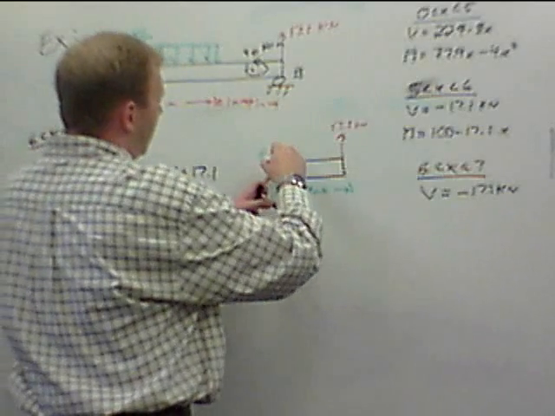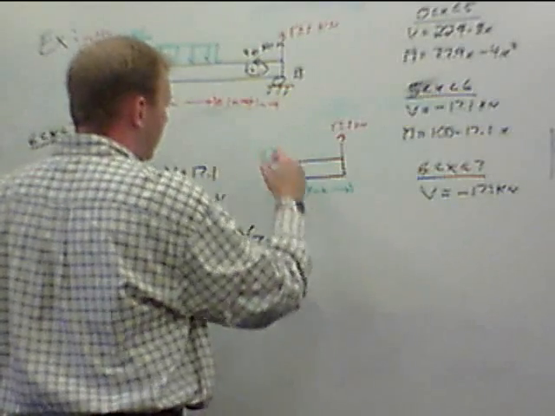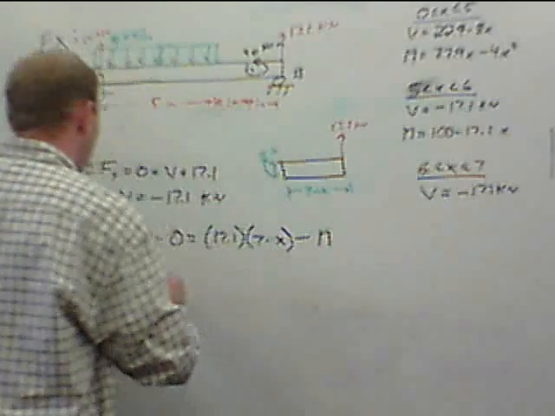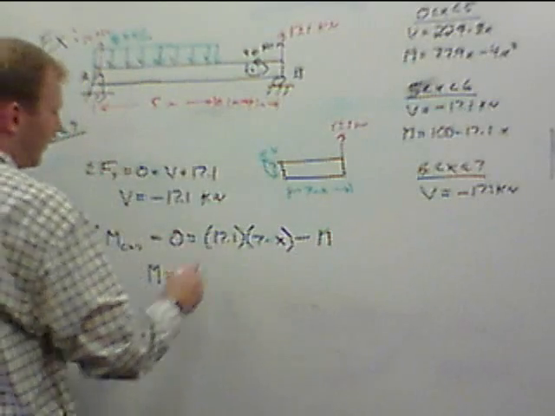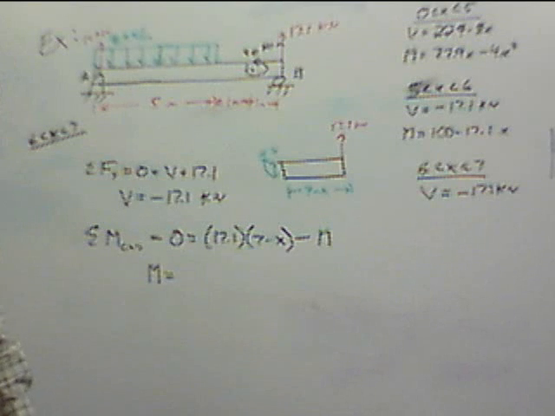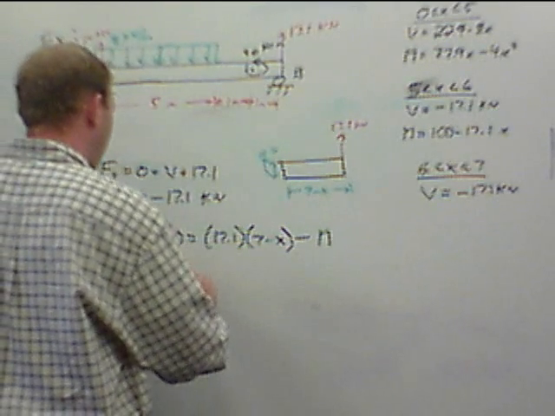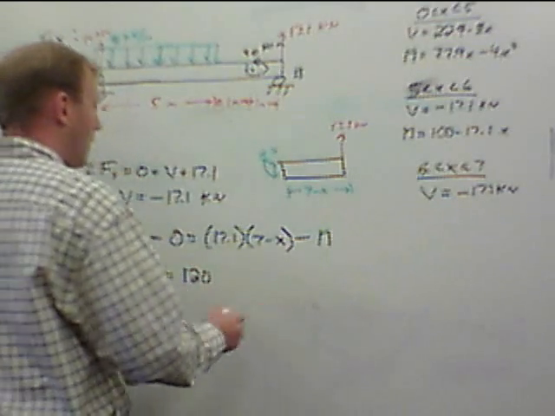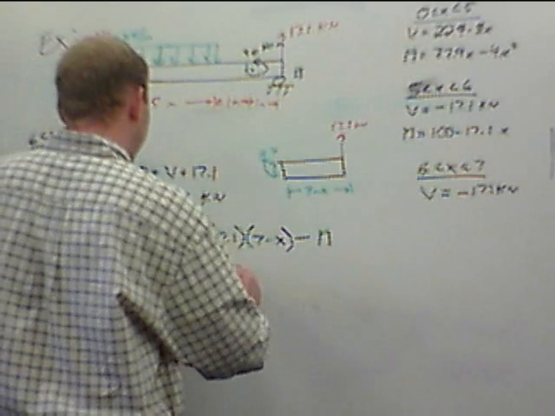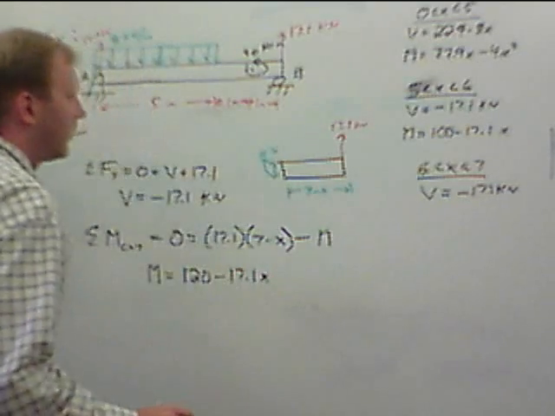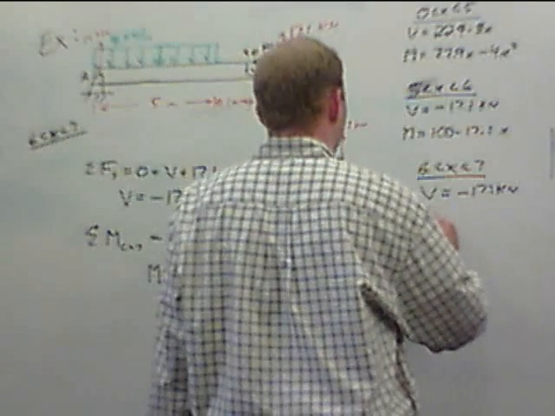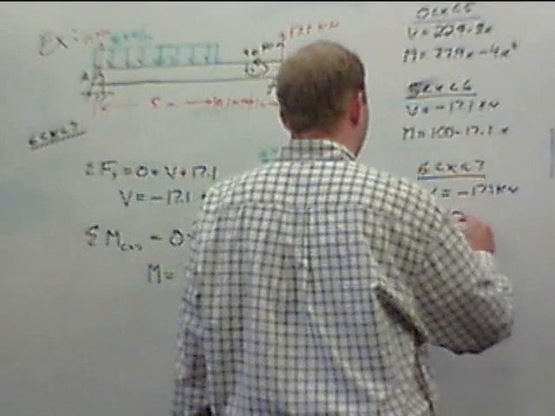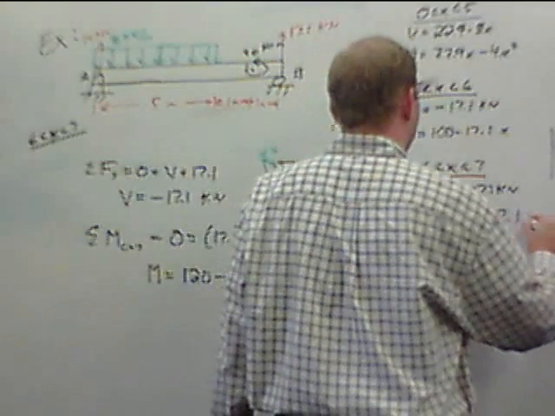Then we have our internal moment here drawn in the clockwise direction, so we're going to go minus M. So we have M equals 17.1 times 7, and we're going to end up back at 120 minus 17.1x. So we end up with M equals 120 minus 17.1x.